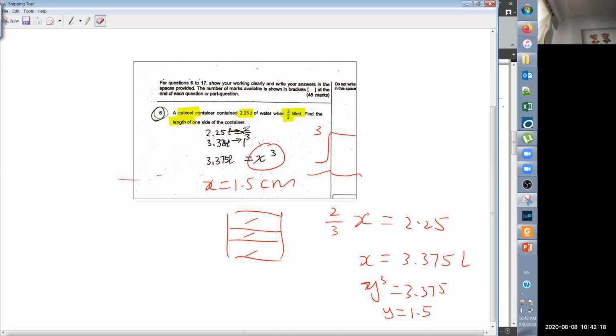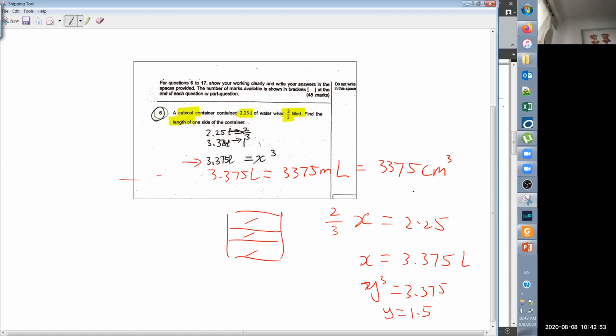So before you write this step, I suggest you convert to milliliter first. Once you convert to milliliter, then you can convert this to cm cube.